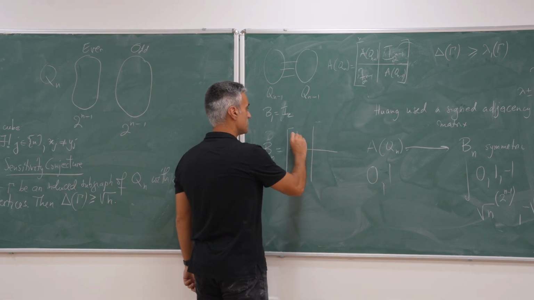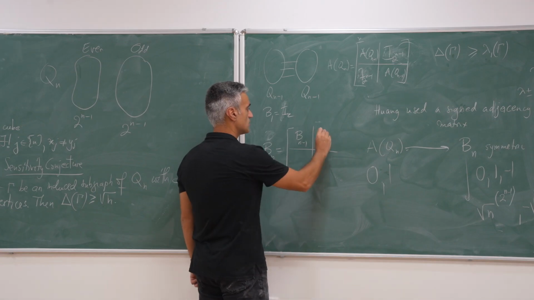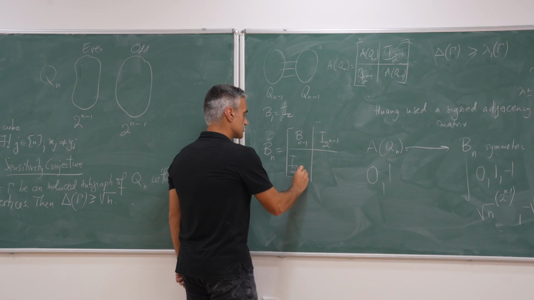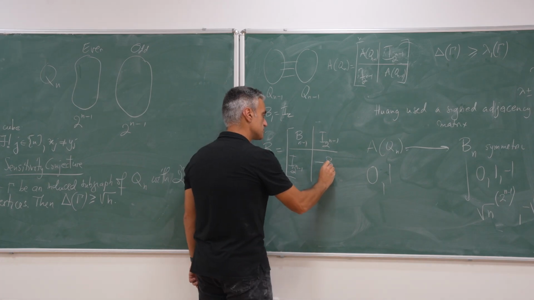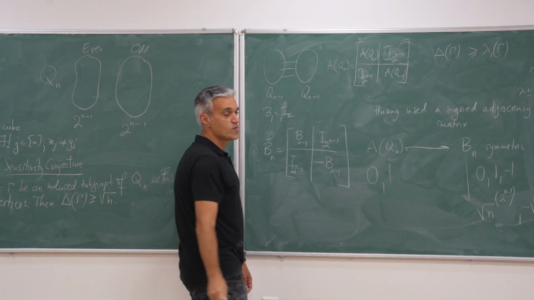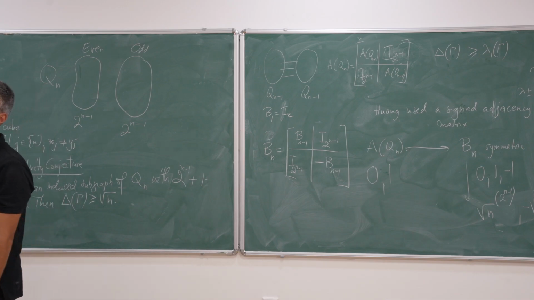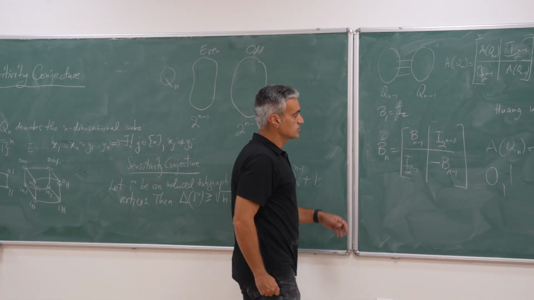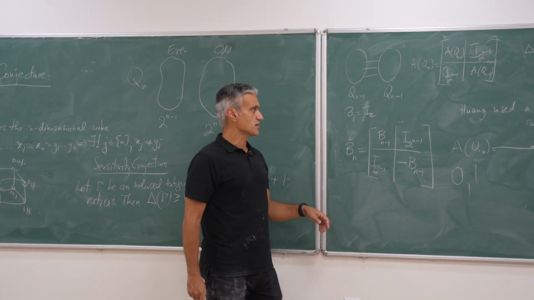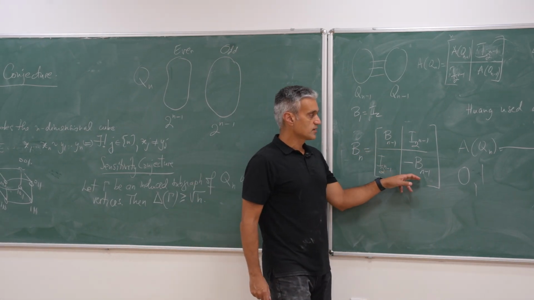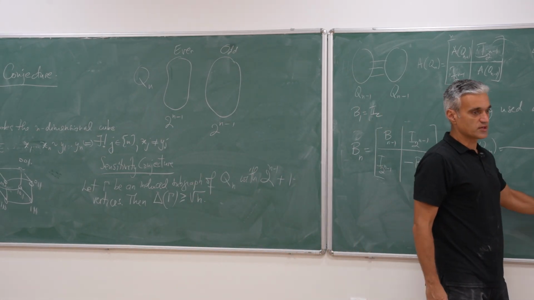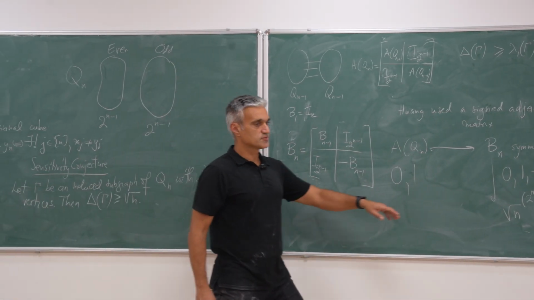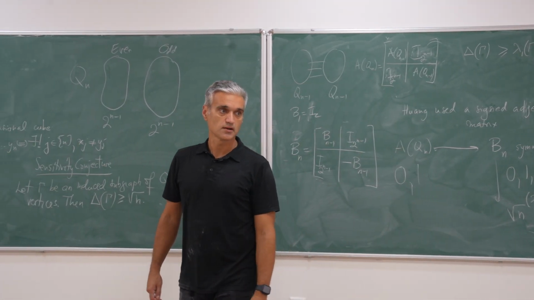You put B_{n-1} here, you put the same I_{2^{n-1}}, I_{2^{n-1}}, and then here you put minus B_{n-1}. And then, if you want, you can do induction. I think that's what he did: if B_{n-1} has eigenvalues square root of n minus 1 with these multiplicities, then B_n will have these eigenvalues. Okay?